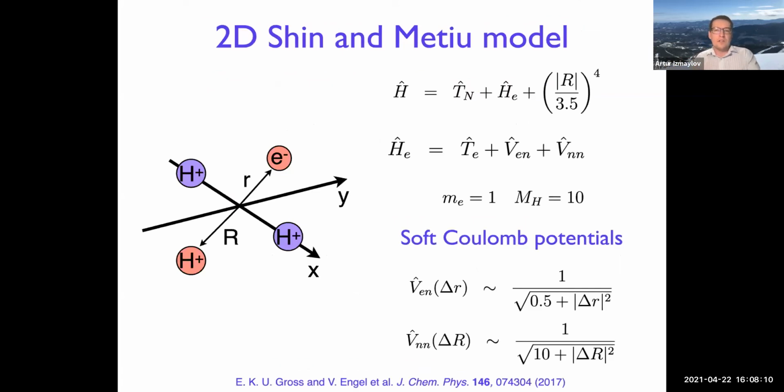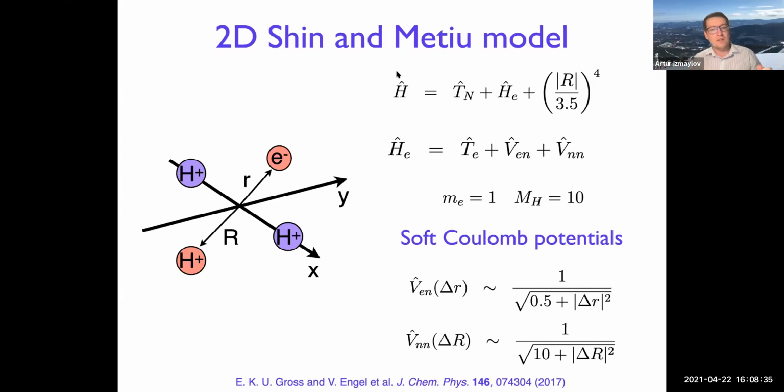Now, how does this all work? So far, we looked at a very simple model system, but at least this model system has explicit electronic coordinate and explicit nuclear coordinate. We took it, as I think it was also used for the exact factorization work by Hardy-Gross, and it's a 2D generalization of the Shin and Metiu original model.